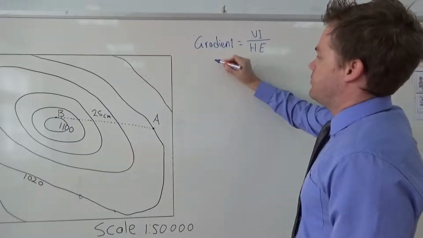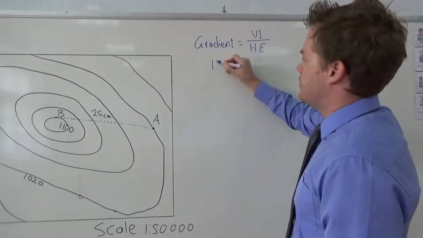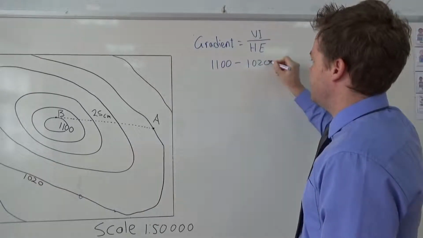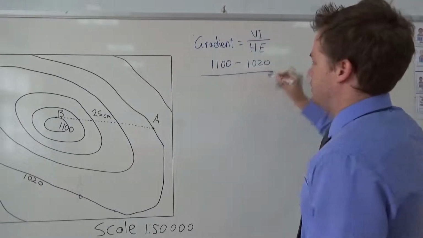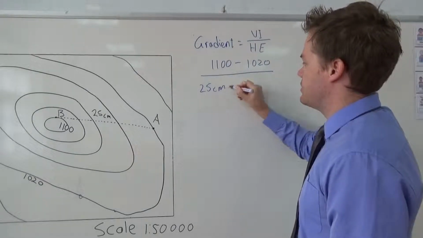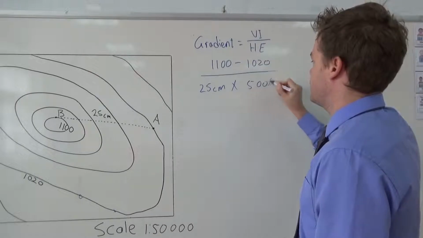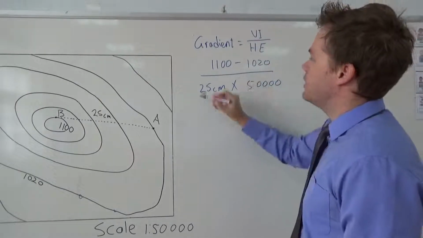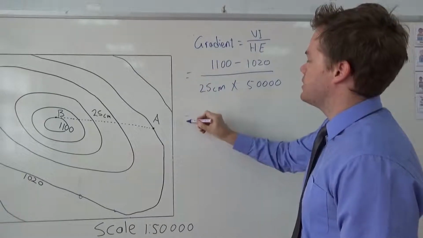So let's look at how it's done. So firstly, we want to find the difference in height. So it's 1100 minus 1020, and here we are going to calculate the distance. It's 25 centimeters times 50,000. So remember, we always use the scale when we calculate the real distance.